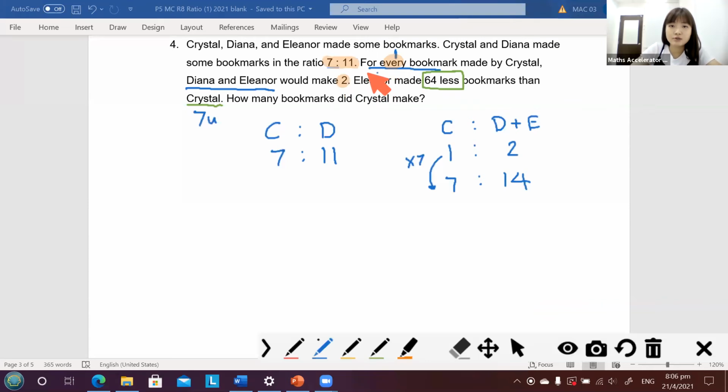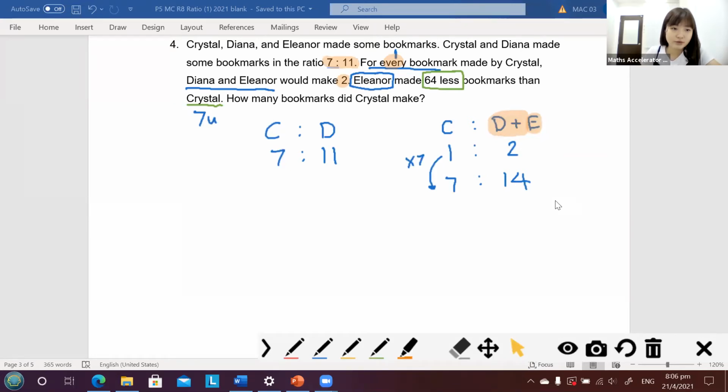But how about Eleanor? Can you find out how many units Eleanor represents? Eleanor is here. But the 14 is Diana and Eleanor. Then how? How do you know Eleanor's units?